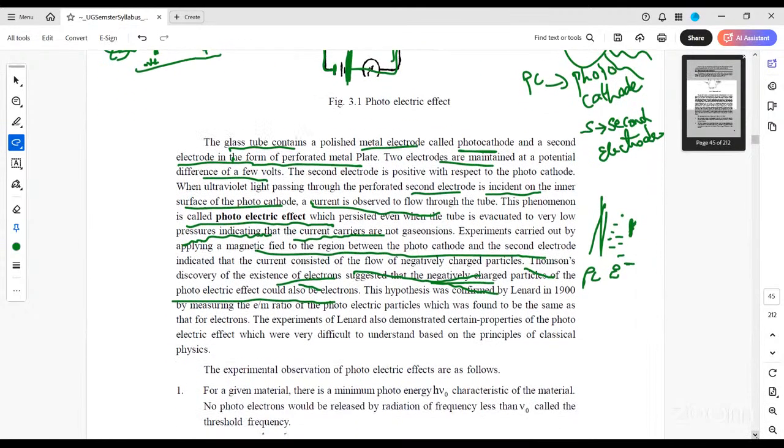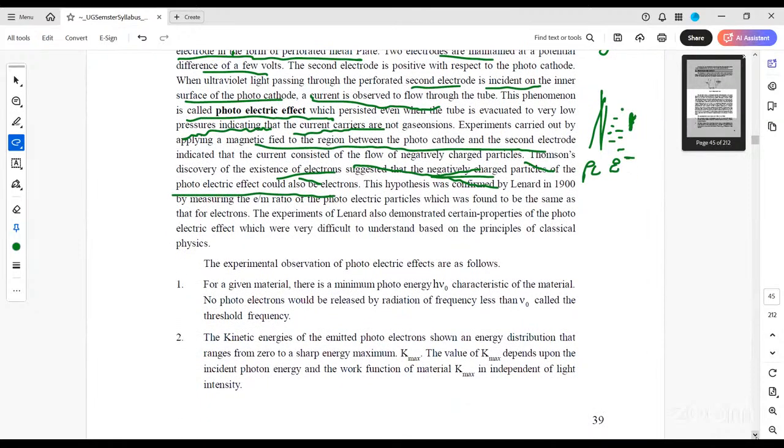Next, we will see the observations from this experiment. We observe some minimum energy. That minimum energy is called h nu naught. The kinetic energy I am taking as K maximum.